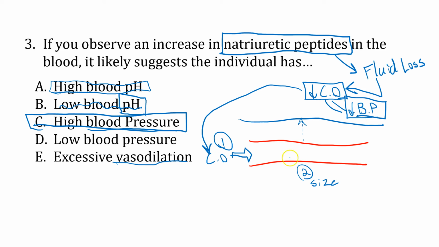If somebody has their vessels way too big, that means they probably actually have low blood pressure, because remember, increasing the size of a vessel is going to decrease the blood pressure in there. And so D and E are going to be kind of directly related. We already crossed this one out, and since this one's related, we can cross that one out as well.